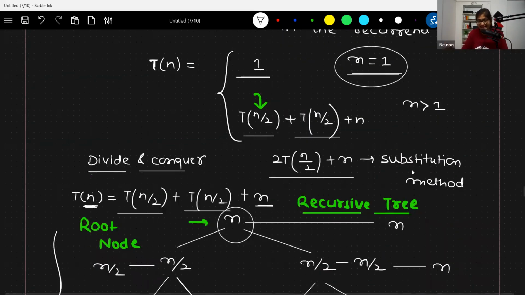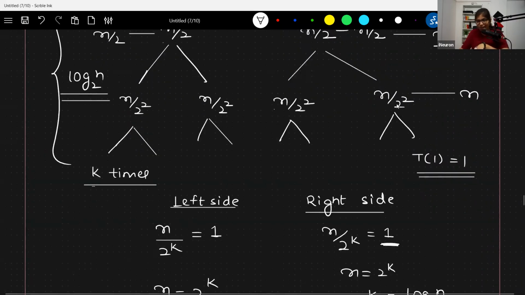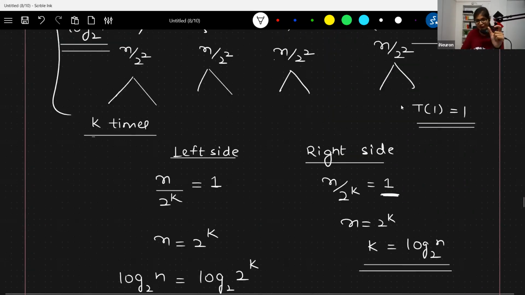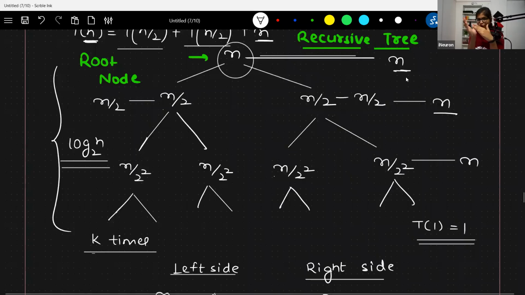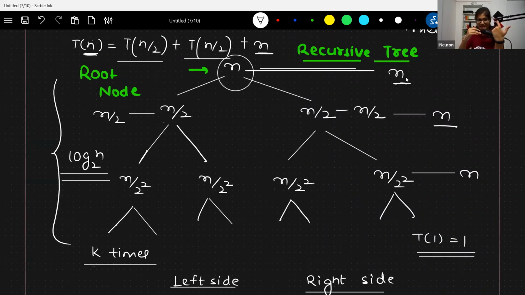Here, at every level, what is the cost associated with that? It is n. At the next level also, it is n. So when you reach the log of n level also, the cost is n. So what is the overall time complexity? It will be the summation of all these levels. How many levels do we have?